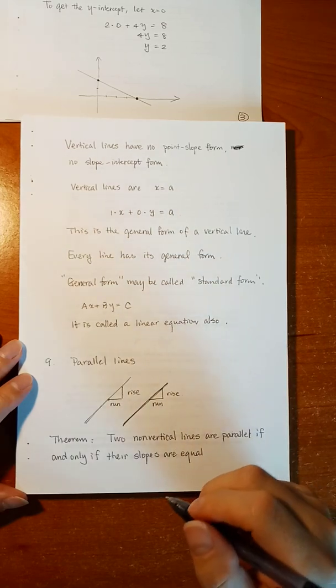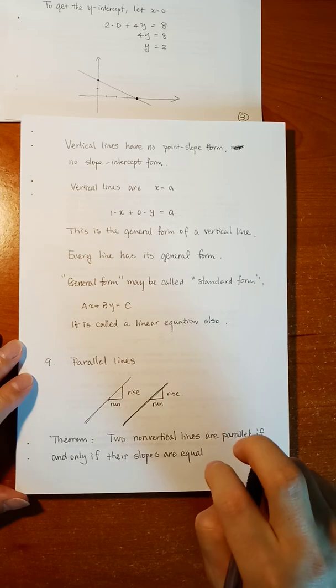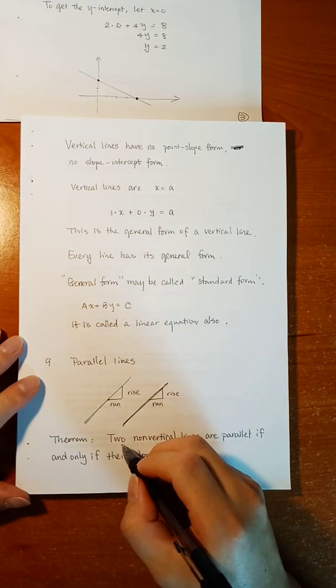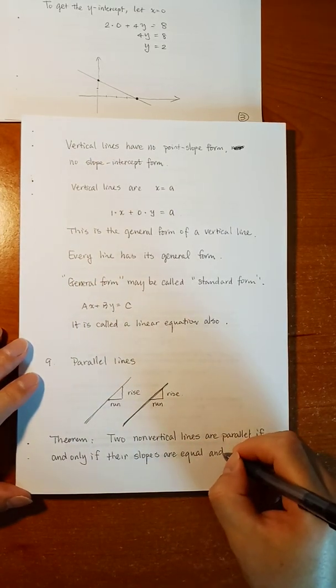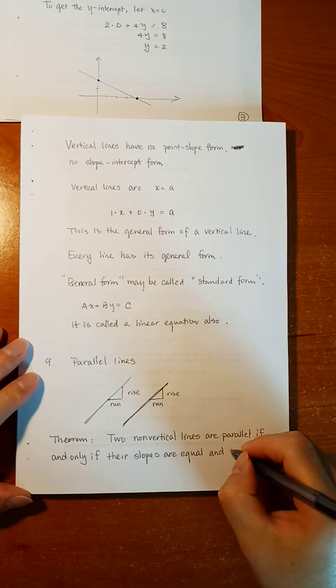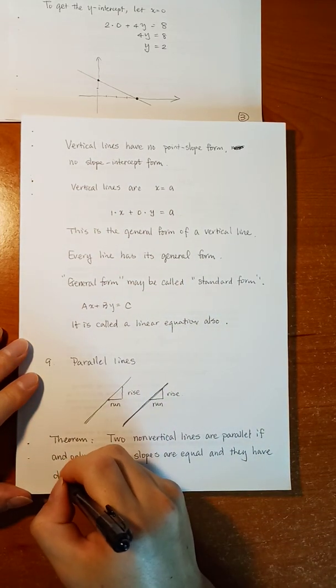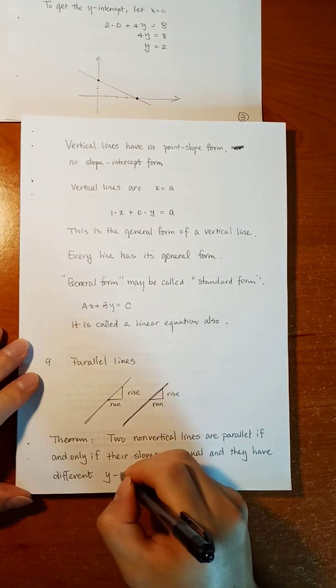And because you're talking about two lines, if they have the same slope, same y-intercept, then that's one line. So we want to emphasize you have two lines, same slope, and they have different y-intercept.